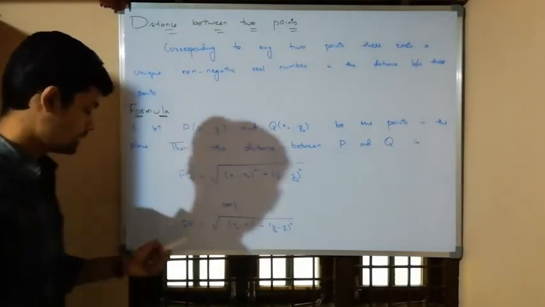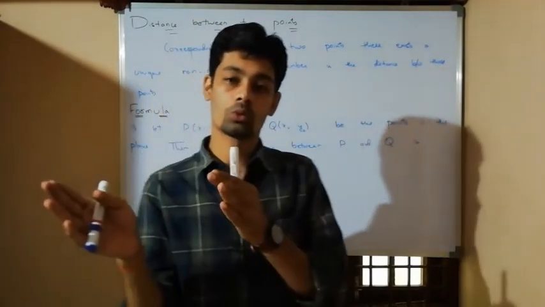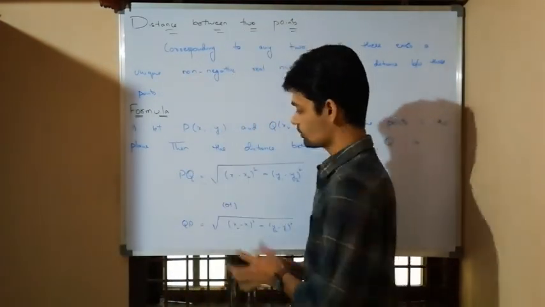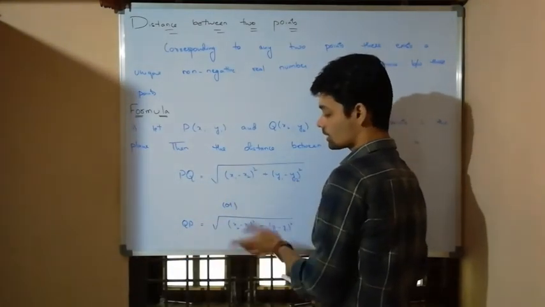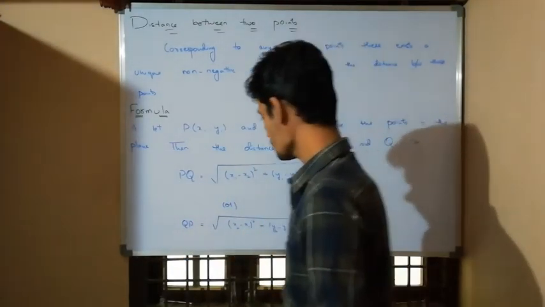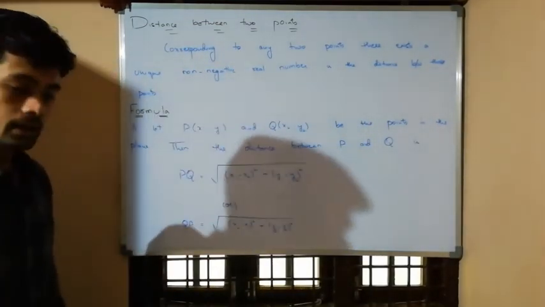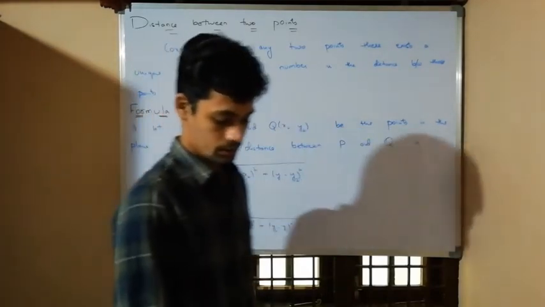The reason behind writing QP, the distance from P to Q is same as distance from Q to P. These both are equal. So either you take this formula or this formula, both are same.